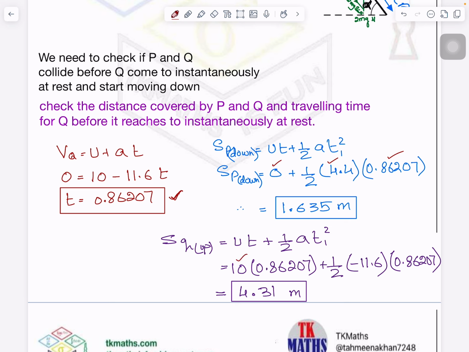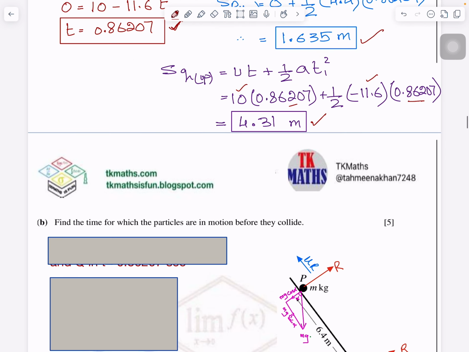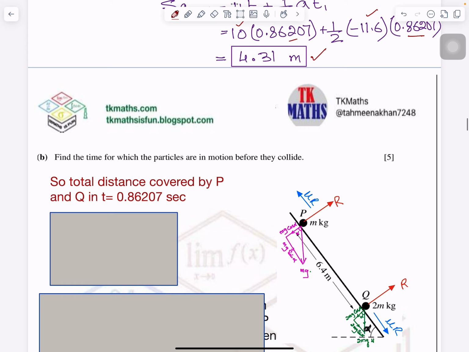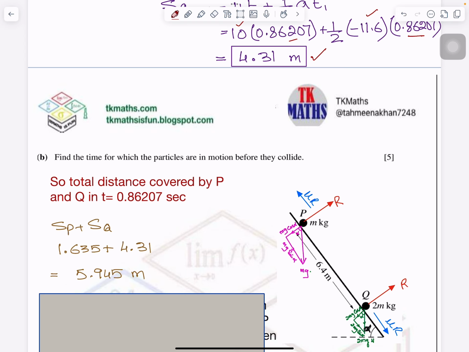Q was initially thrown up with a velocity of 10 meters per second. The time we are taking is the same, right? And acceleration of Q we have just calculated. So now we will add up these two distances and see whether it equals 6.4 or not, right? So when we add it up, the distance is 5.945.